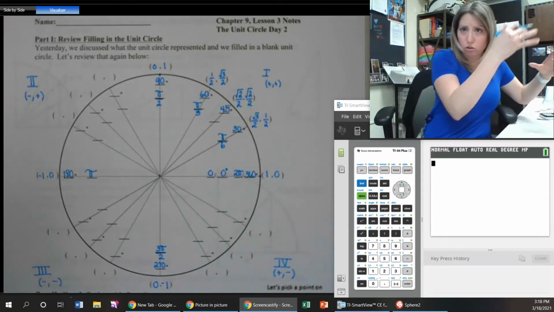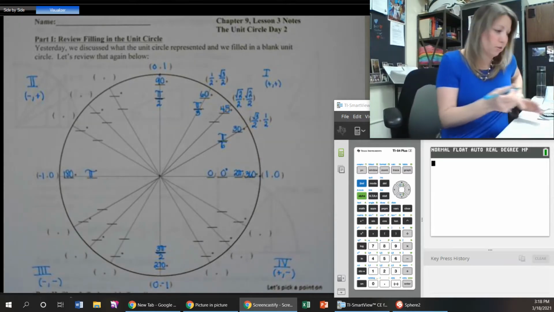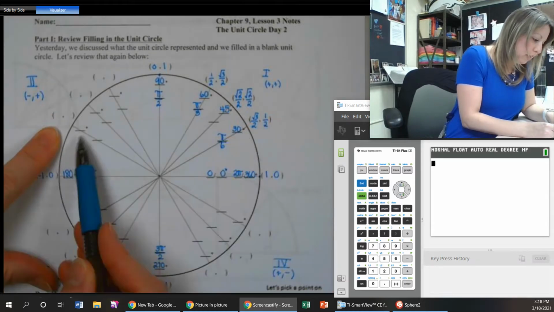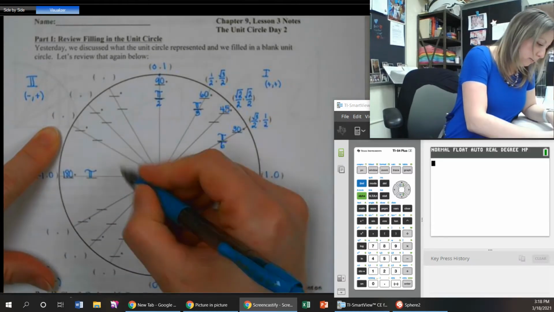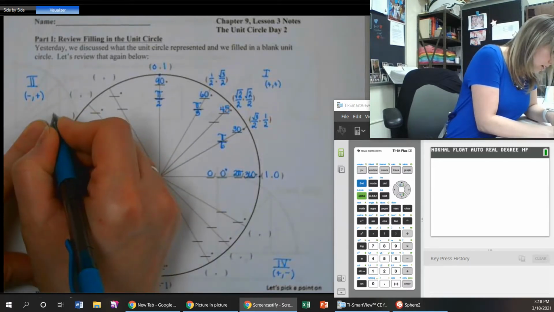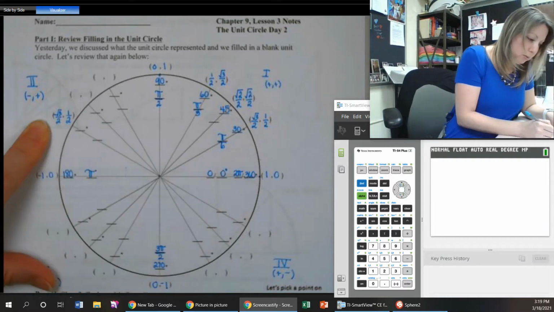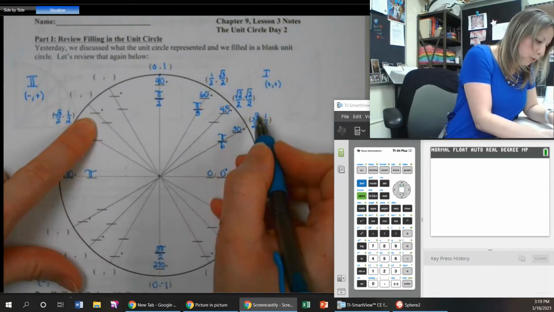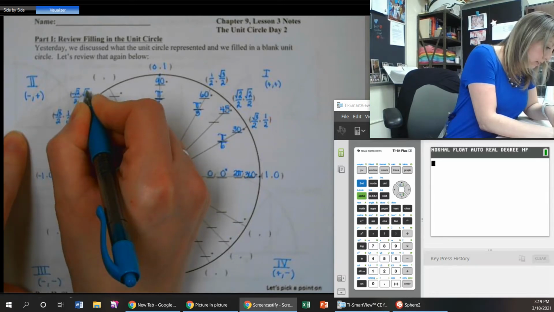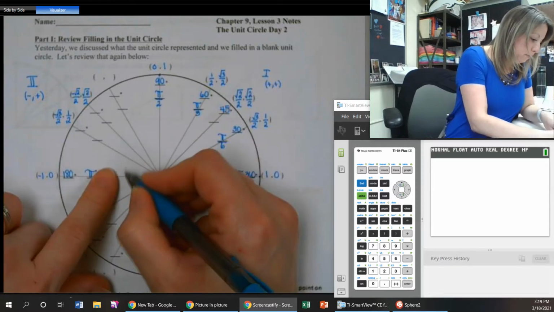So let me actually just do the coordinates all the way around, because it just goes back with your reference angles, right? So let's just do the coordinates all the way around. 30-degree reference angle match up right here. 30-degree reference angle right here to here, 30 degrees. So this would be negative radical 3 over 2 and positive 1/2. 45-degree reference angle, it's negative radical 2 over 2, but still positive radical 2 over 2 for the y. 60-degree reference angle, right?